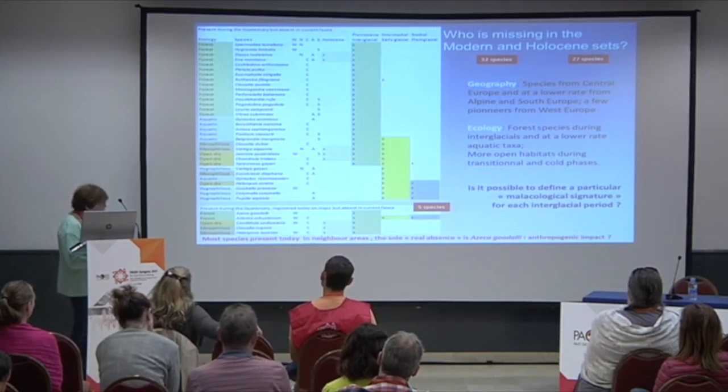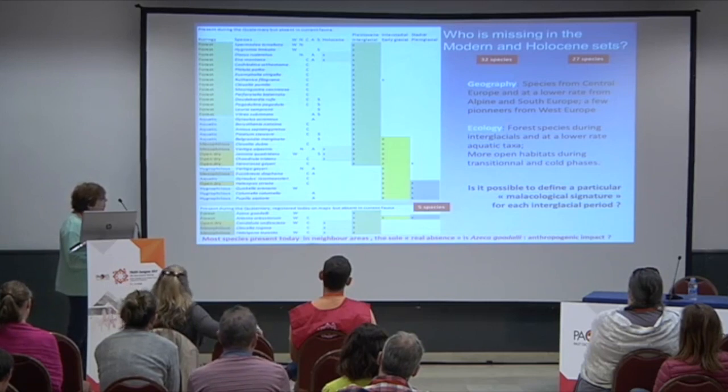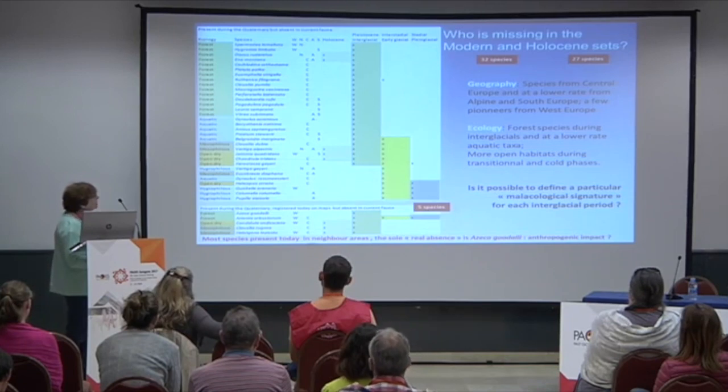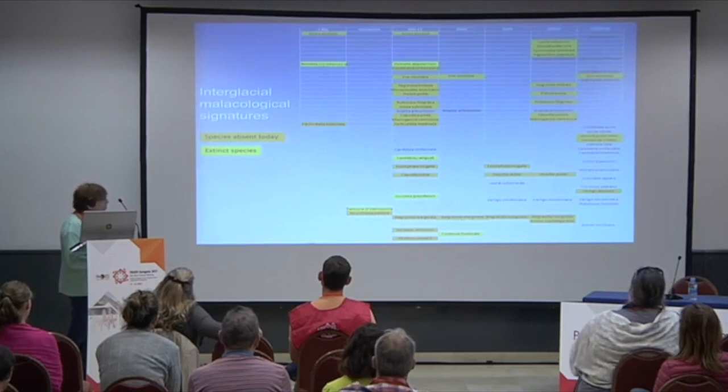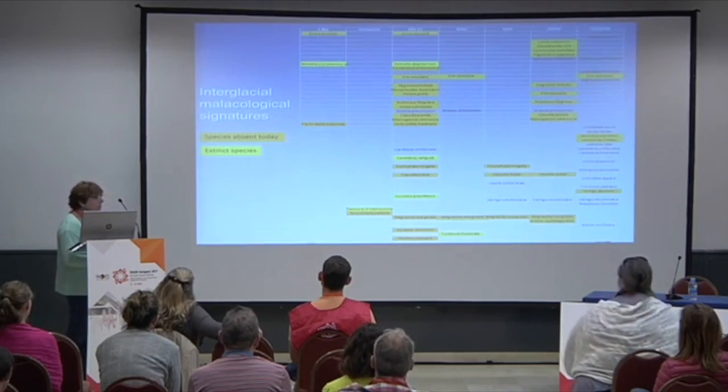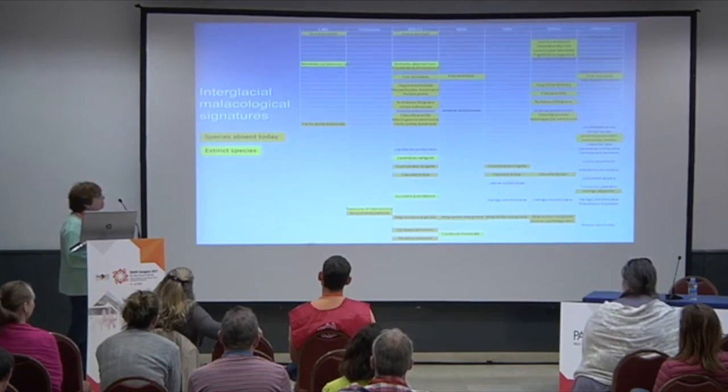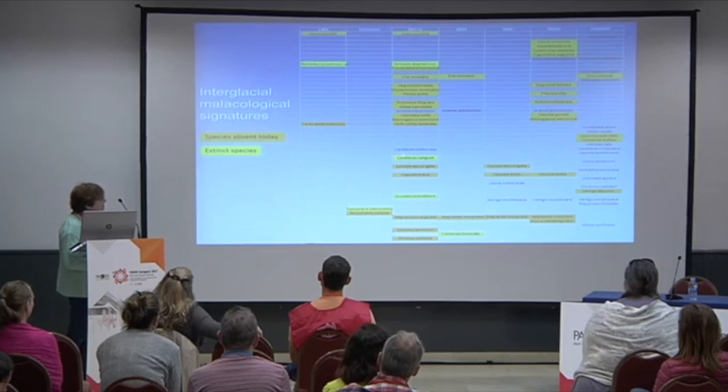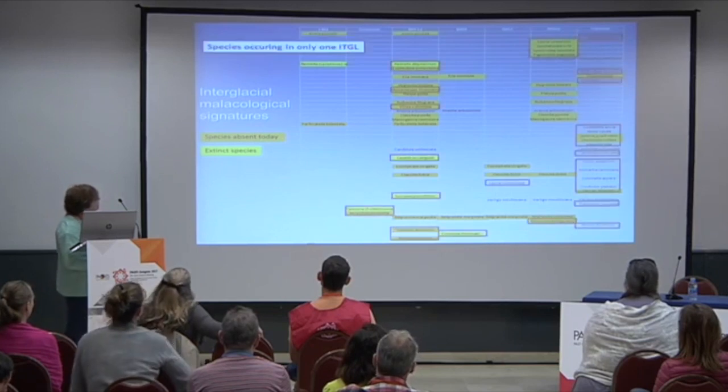The following point is to know whether it is possible to define a particular malacological signature for each interglacial period. On this table, I have removed all the species that are common to all the periods, and I have kept the remaining ones. In yellow are distinguished the extinct species, and in orange, the species that are absent today in the Somme Valley record.